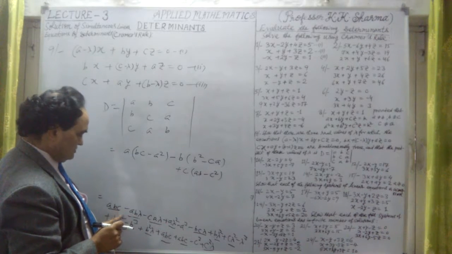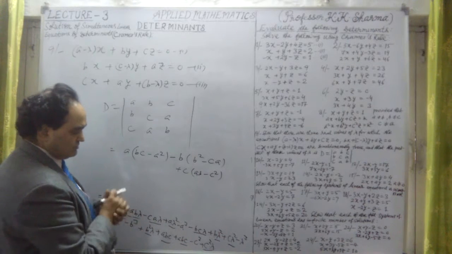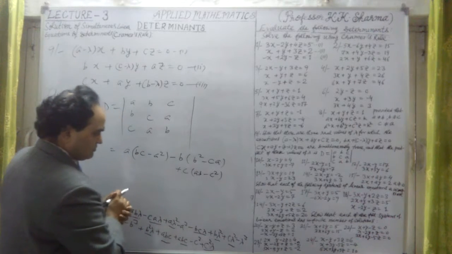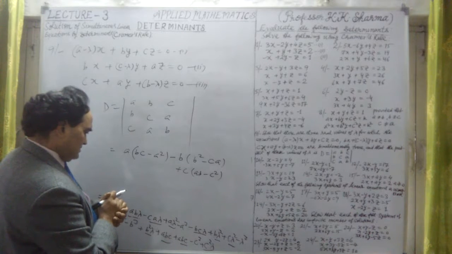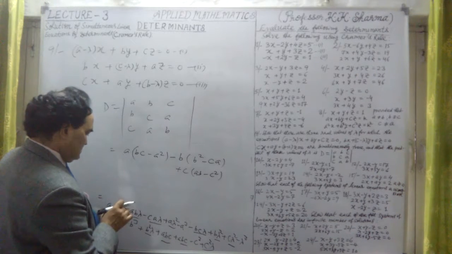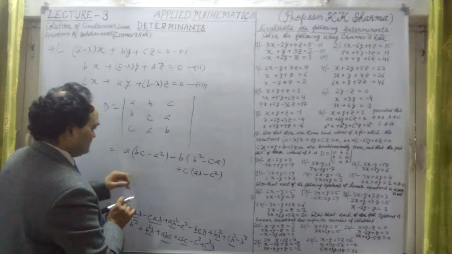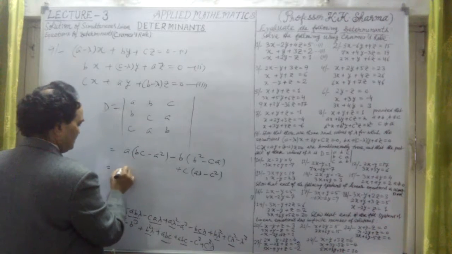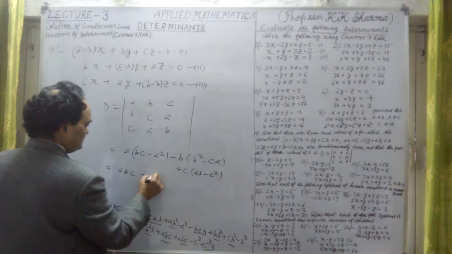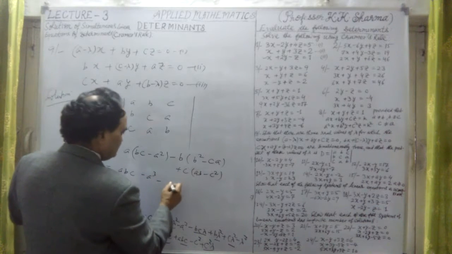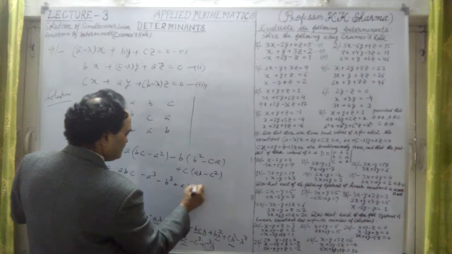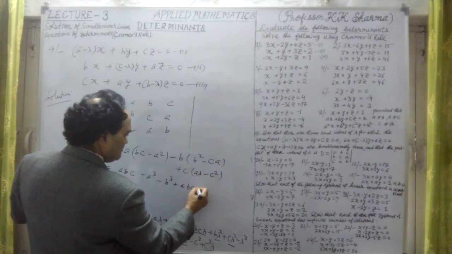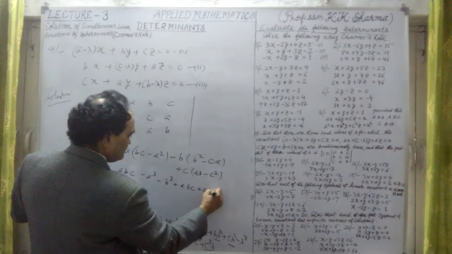These three values A, B, C. If I just equate the value of lambda from all the three values, then it can give us 3ABC minus this value. Let me just solve it. This is ABC minus A cube, minus B cube, plus ABC, plus ABC again.